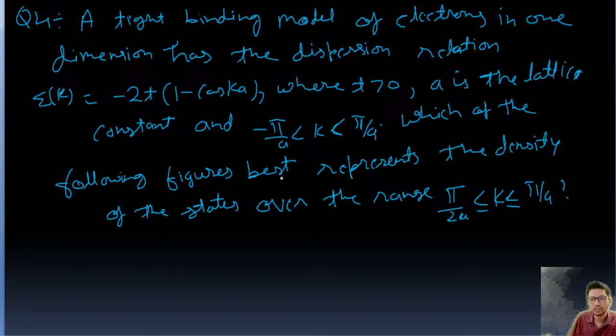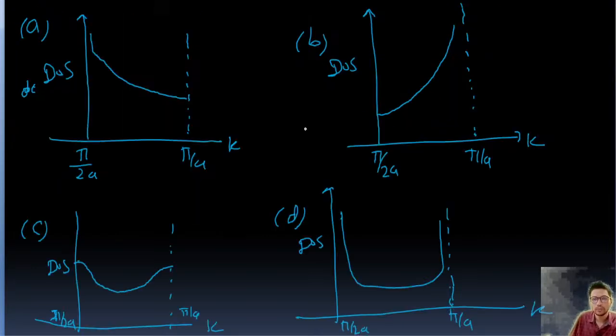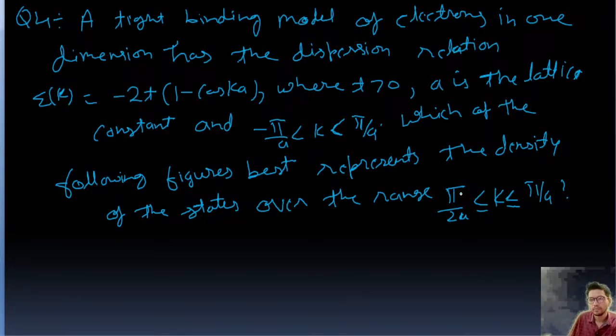Which of the following figures best represents the density of states in the range k between pi by 2a to pi by a? Very good question, and I'm going to solve it.